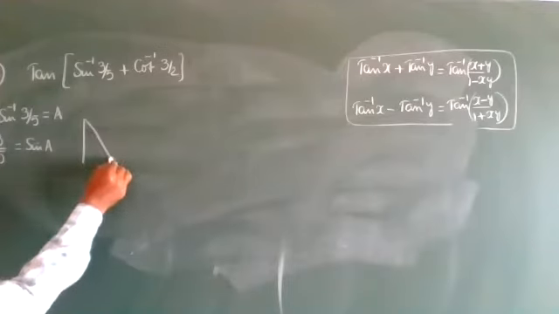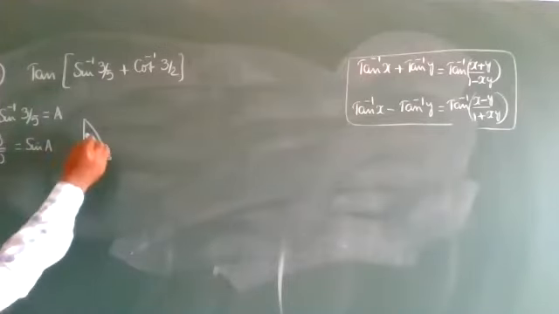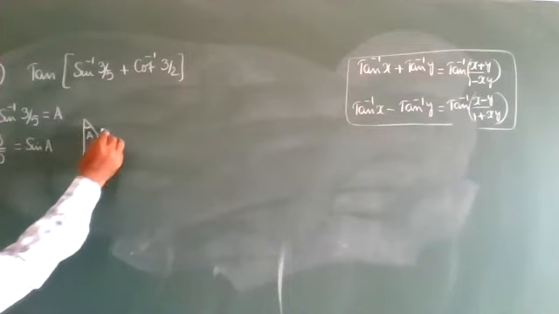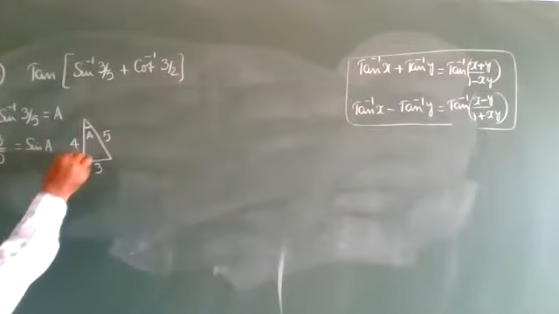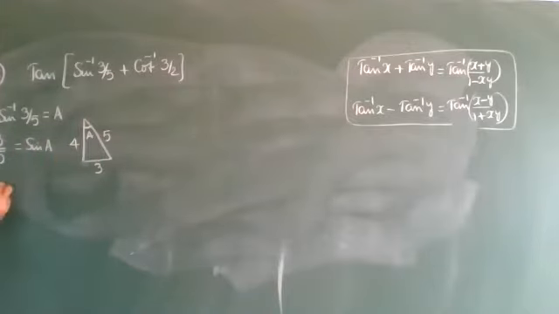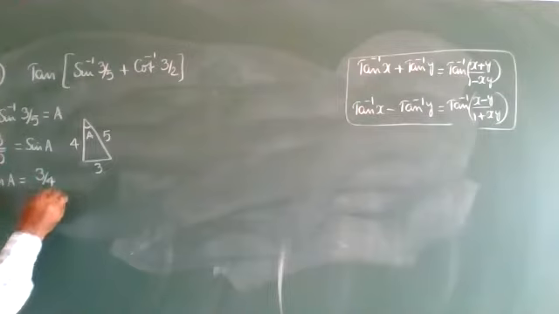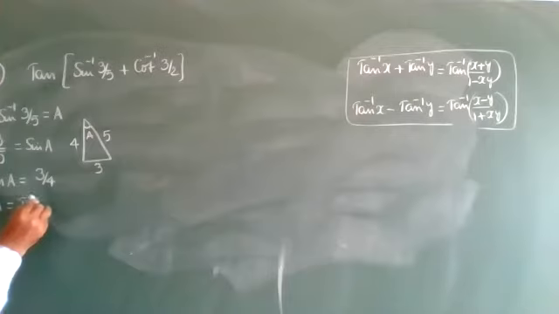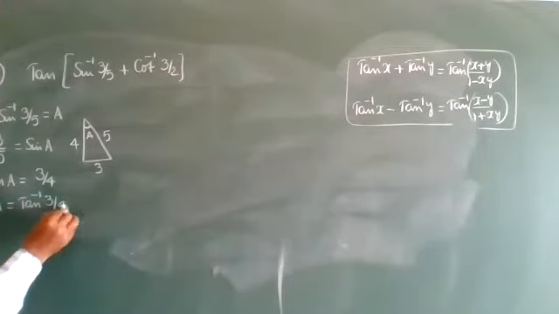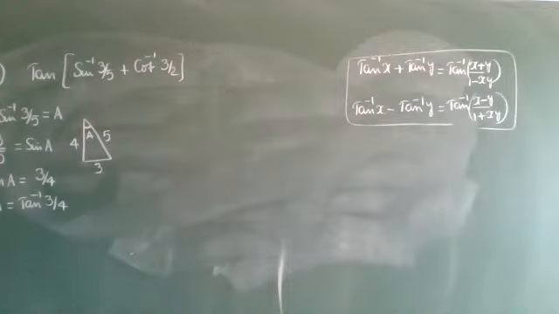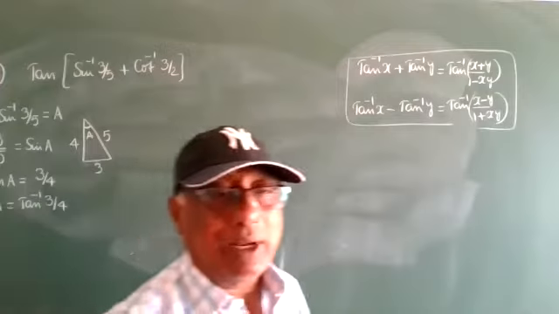The angle is A, the opposite side is 3, the hypotenuse is 5, and the adjacent side is 4. Immediately write tan A is equal to 3 by 4. So A is equal to tan inverse of 3 by 4. Right, one is completed. Is it clear now, everyone?